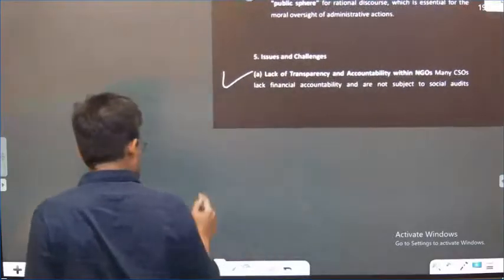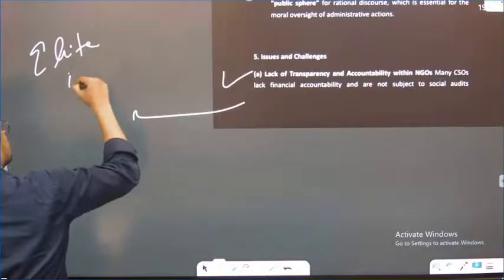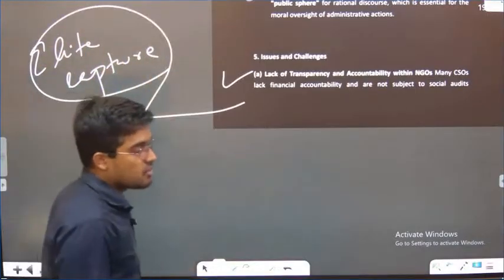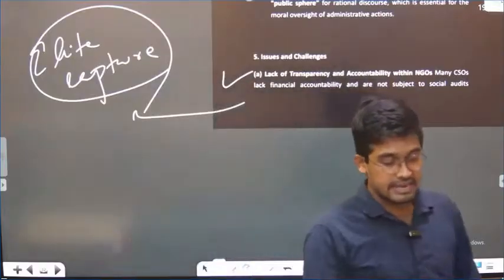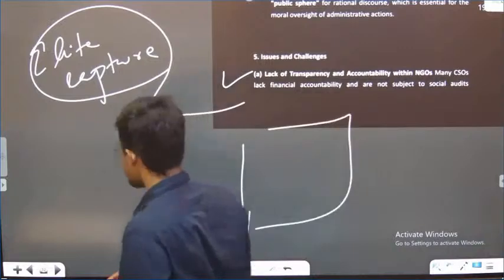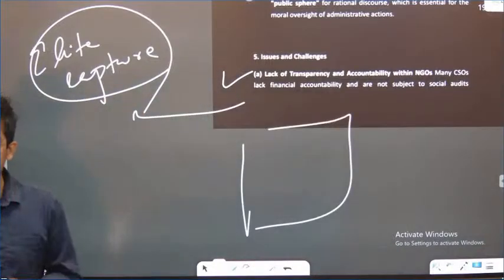Now, what are the challenges that these people face? There is something called elite capture. Elites in a particular NGO capture the agenda and run their own agenda, influencing the other citizens.